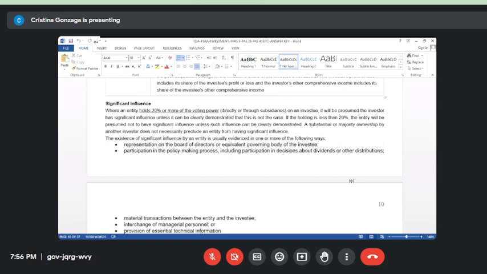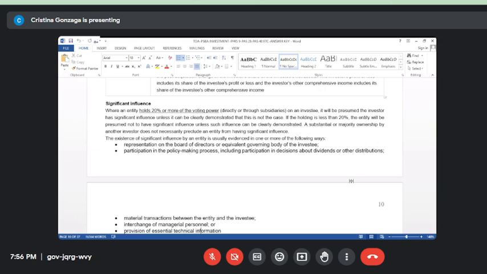Example, kapag may representation sa board of directors si investor, ibig sabihin one or two seats nakaalat sa kanila, or even one seat nakaalat doon sa investor.